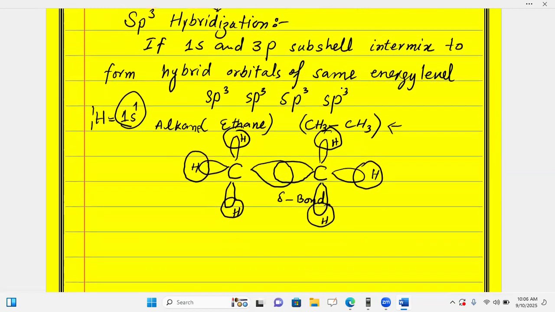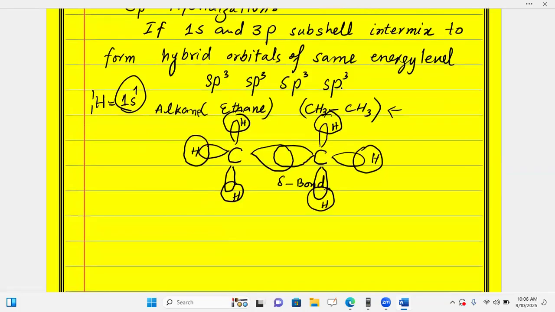According to the bond angle and characteristics, the bond angle for sp3 hybridization is 109.5 degrees, and the geometry of the molecule will be tetrahedral.